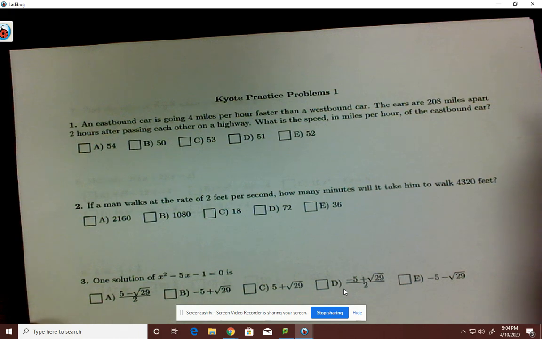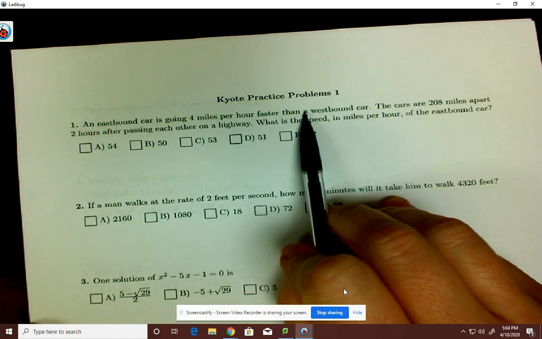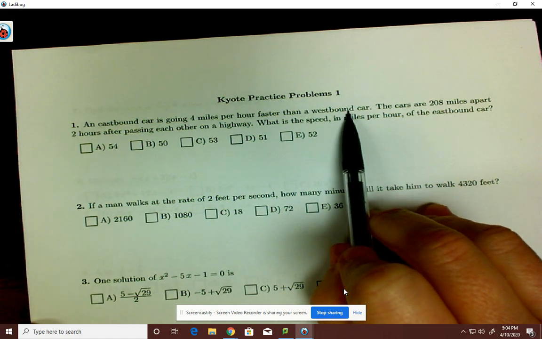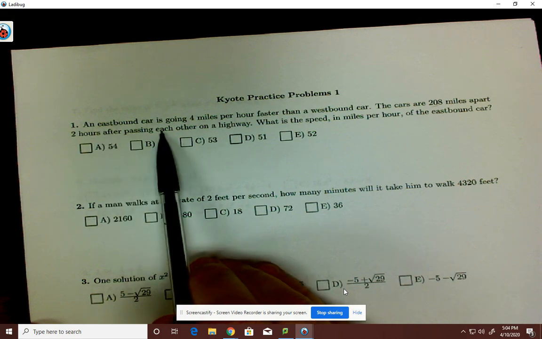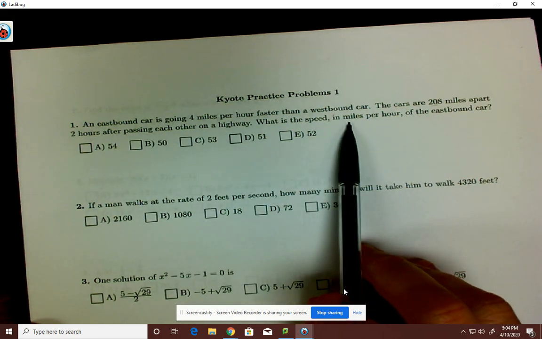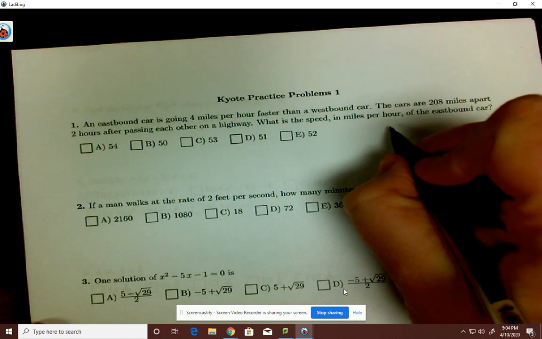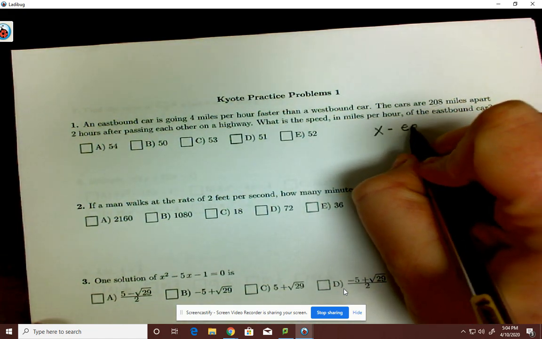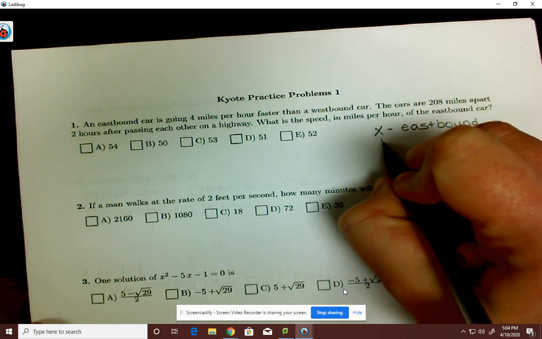Alright, so on number 1, an eastbound car is going 4 miles per hour faster than a westbound car. The cars are 208 miles apart 2 hours after passing each other on a highway. What is the speed in miles per hour of the eastbound car? Alright, so if I call the eastbound car X, Y westbound car.